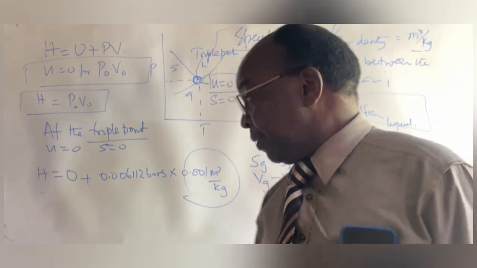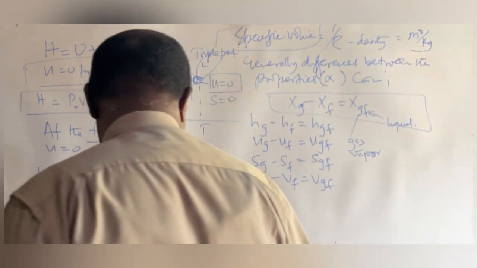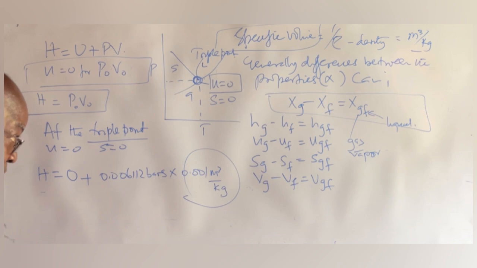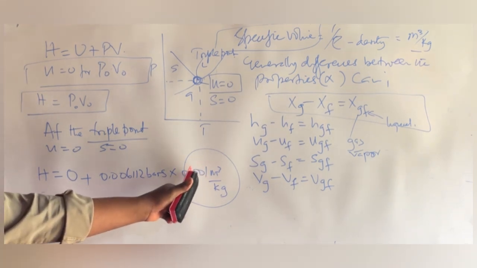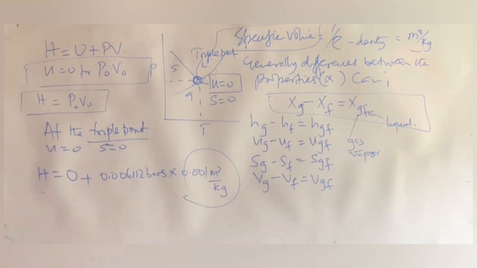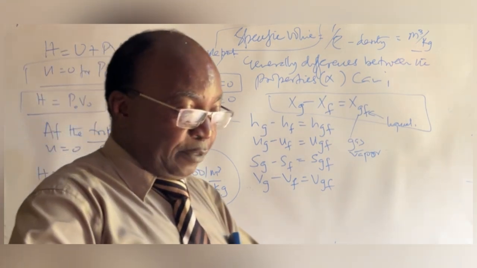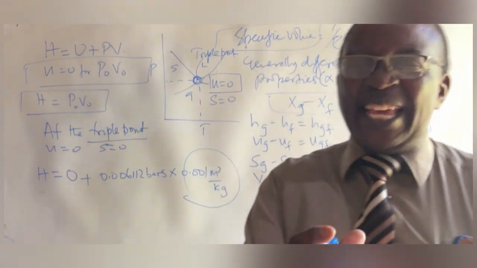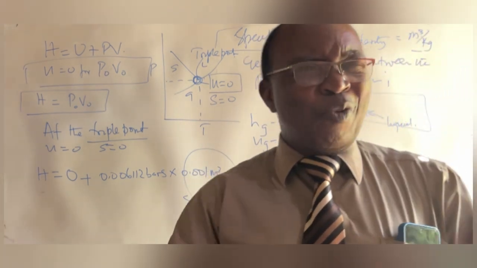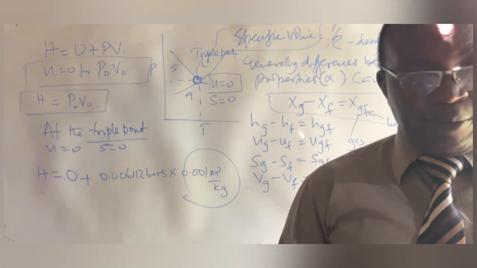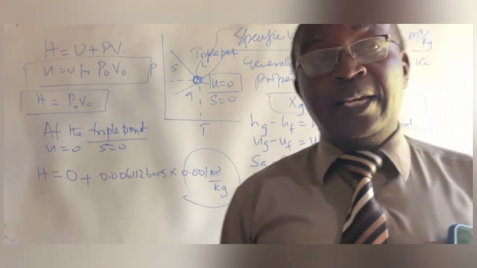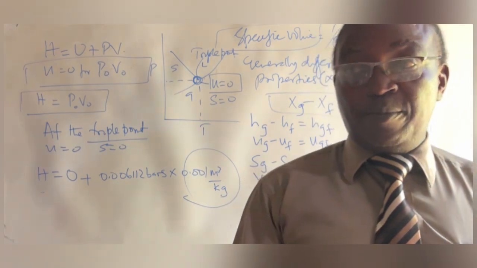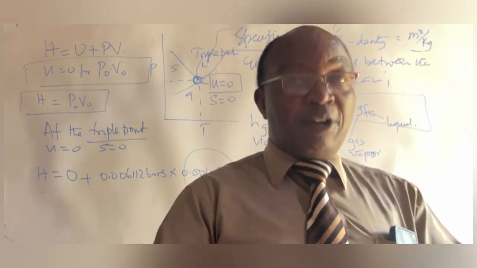So if you look at the specific volume for the liquid in the steam table, you are going to see that it's 0.001. We have rounded it off. And you will find out that the specific volume for the liquid does not change significantly with the pressure. So we can always assume it is constant, because compressing a liquid is quite a task. So normally the specific volume for the liquid is relatively constant.